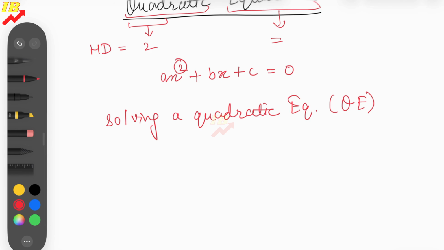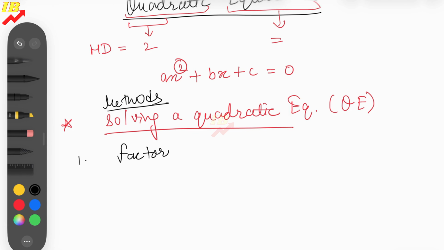Okay, so what if we want to solve the quadratic equation, and what are the methods of solving it, right? So basically here we are discussing the methods today. The first and foremost method is simple factorization. See, in factorization you also have multiple ways of doing it, right?